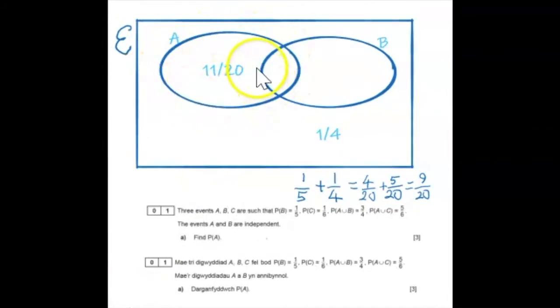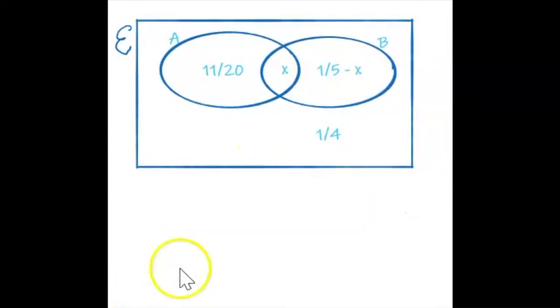So 11/20 is this moon-shaped area here, 11/20. So let's now call the intersection of A and B X. So the only region we've got missing is B only, this moon-shaped area here, and this must be 1/5 minus X. So this region is 1/5 minus X.